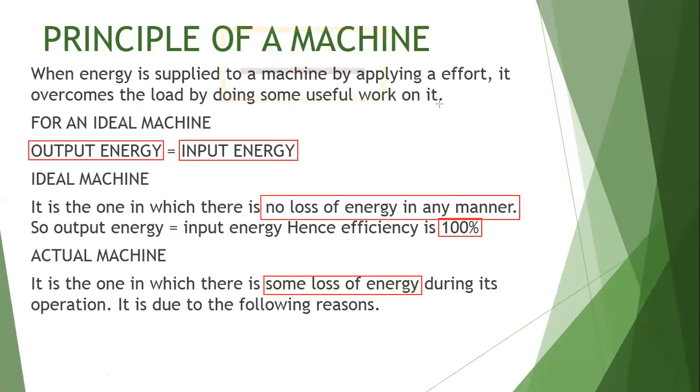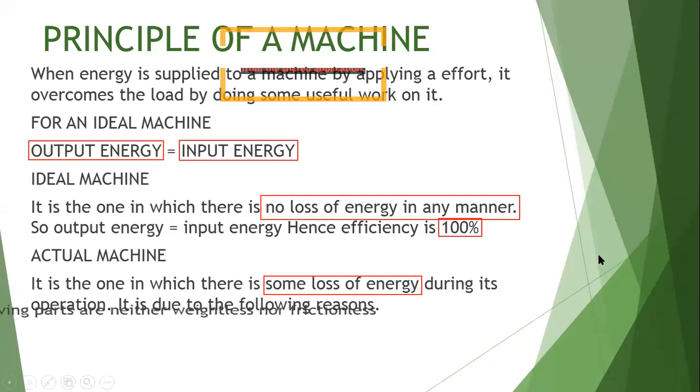You will find that in an actual machine, there is some loss of energy during its operation. So whenever you are using an actual machine, there is some loss of energy. And what is the reason for the loss of energy?